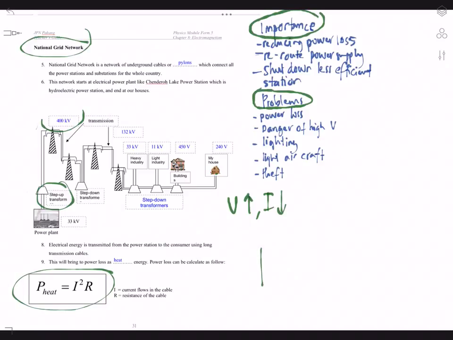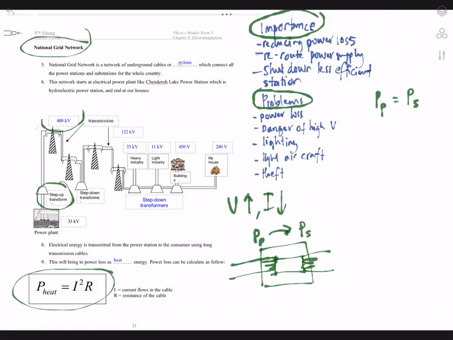Okay, let's say that we have a transformer here, and this is the primary coil and this is the secondary coil. So the power from the primary will be transferred to the secondary completely if this transformer is ideal. So for an ideal transformer, power in the primary equals power in the secondary.